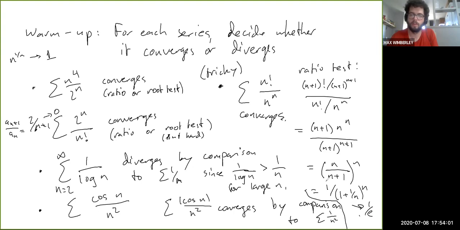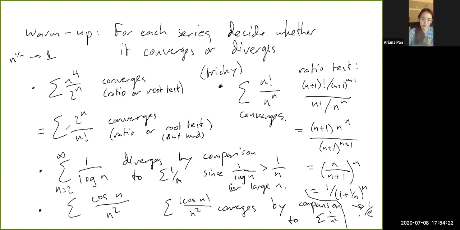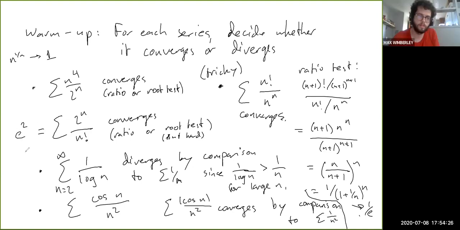But later on, there will be series where there's no nice formula for the partial sums, and you can still prove what value they have. For example, this one from the Warmup, you probably even know what the value of this should be. This is e squared, right?